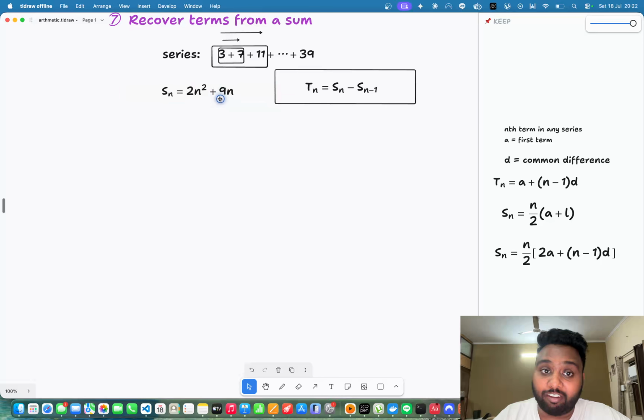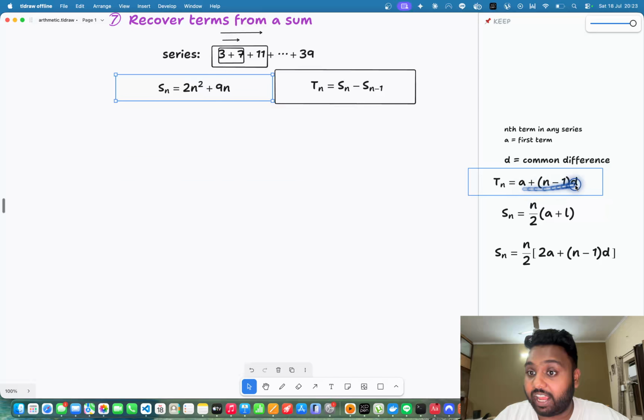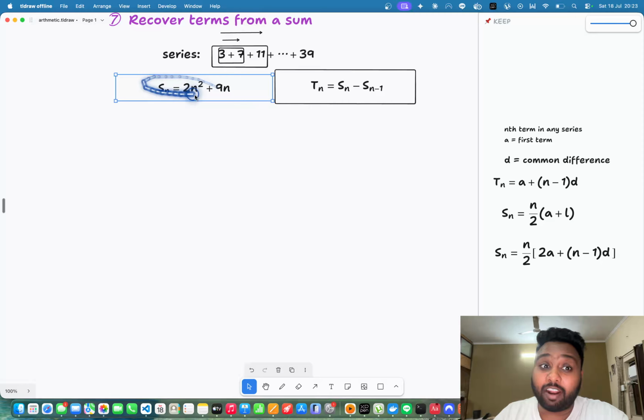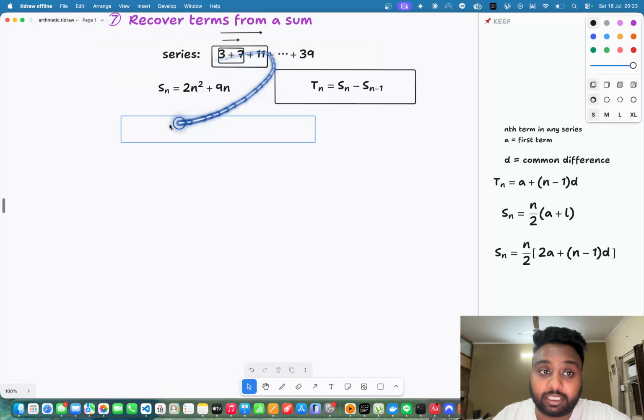So now we have this and we have this. We have two equations and we have two unknowns, which are a and d. From here, it should be simple for us to find that out. Can I reduce n easily? Can I find S of 1? One thing is for sure, the sum of the series for the first term is going to be the same as the first term itself.